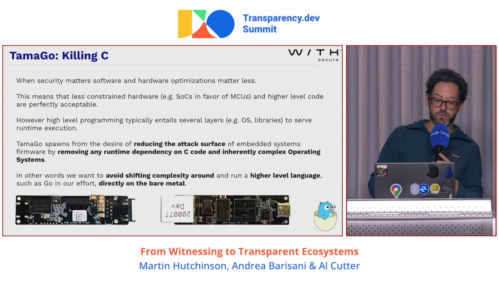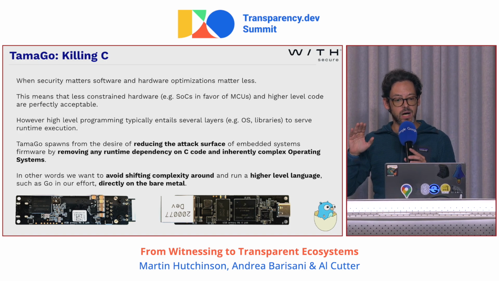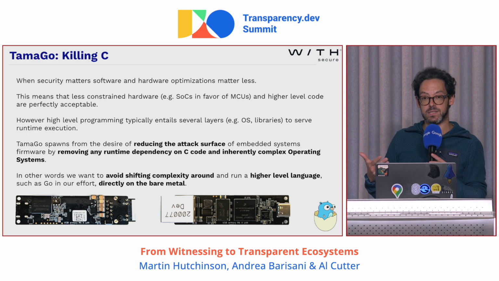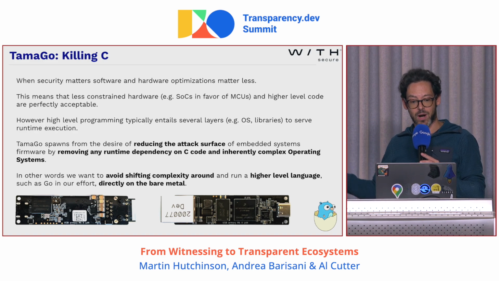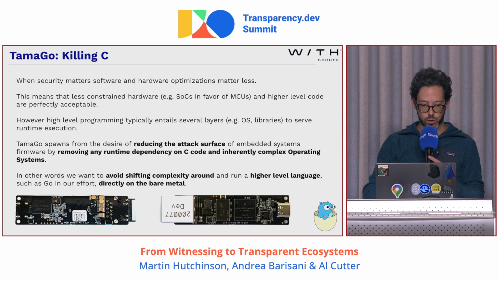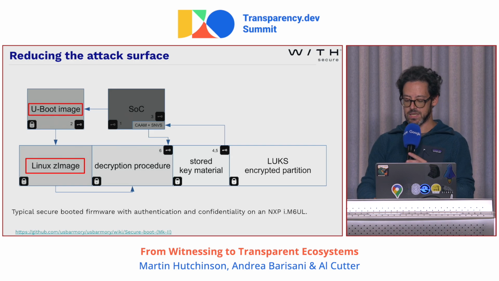So what the TamaGo framework does is remove any runtime dependency on C code, and also remove any need for an operating system or the operating system runtime for executing Go code. This is the framework that the ArmoredWitness is based on.